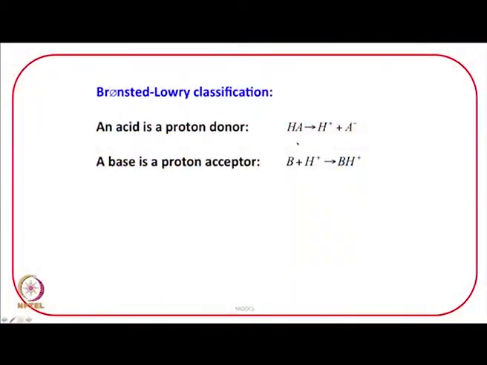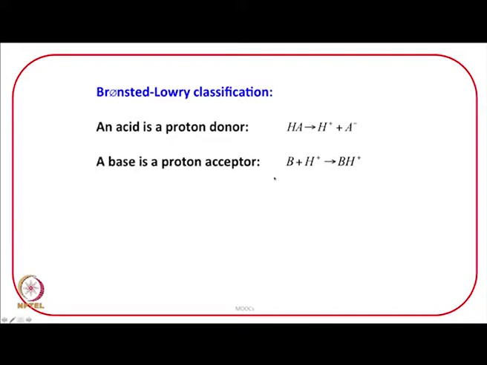As seen in this slide, in this equation, HA is an acid because it is a proton donor, and a base is a proton acceptor.